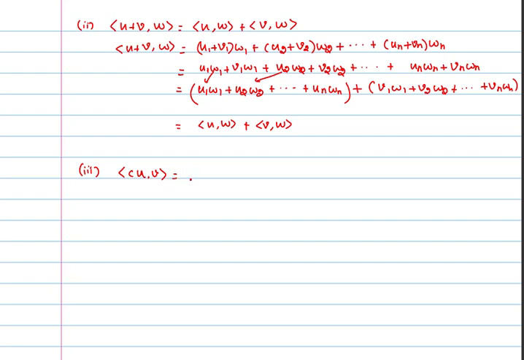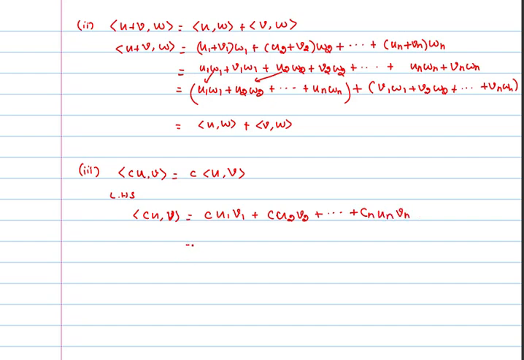Yes, we want to prove that C times the inner product of U comma V. So what does C times U mean? Take the left-hand side: the inner product of CU comma V equals C times U1 V1 plus C times U2 V2 and so on, up to C times Un Vn.